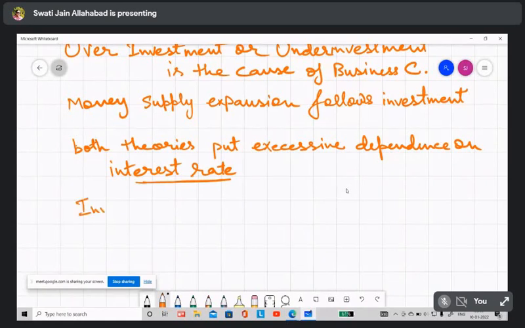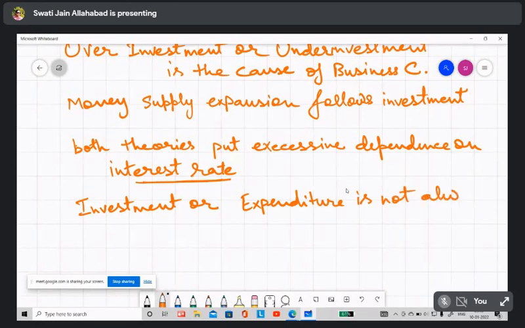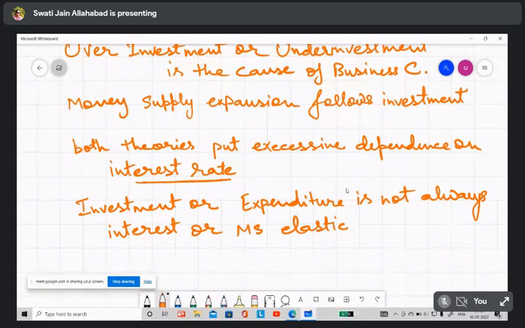Investment or expenditure is not always interest or money supply elastic. Sometimes they are not affected by the interest rate or the money supply movement.